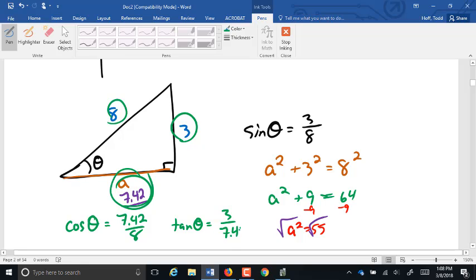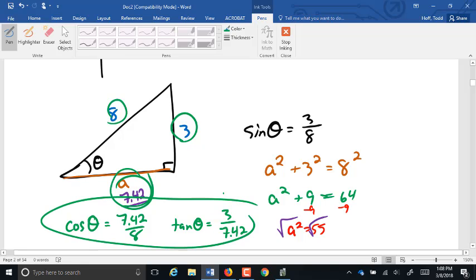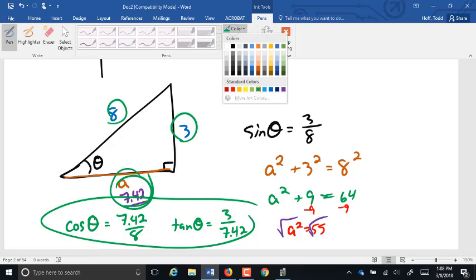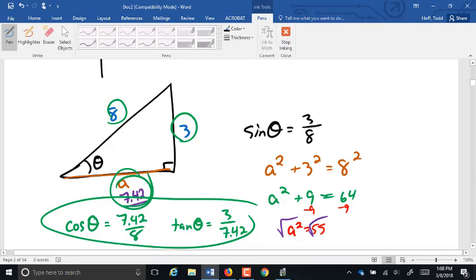Does that make sense? So by using this idea of right triangles applied to that unit circle, if I know any of those 3 main trig functions, sine, cosine, or tangent, I can find the other 2.